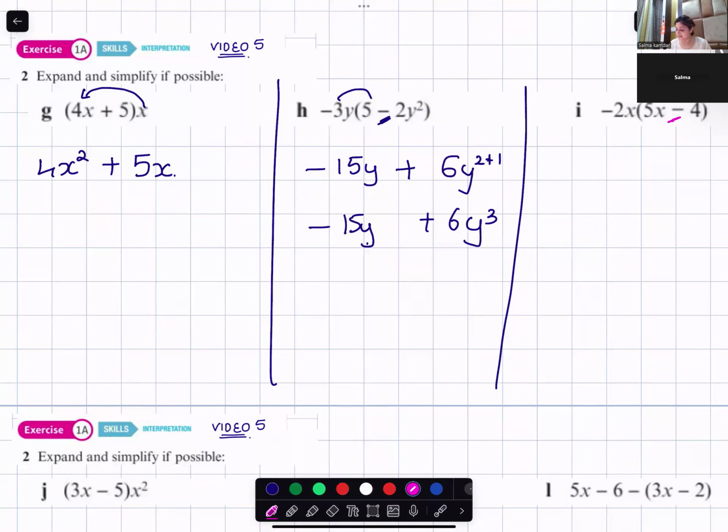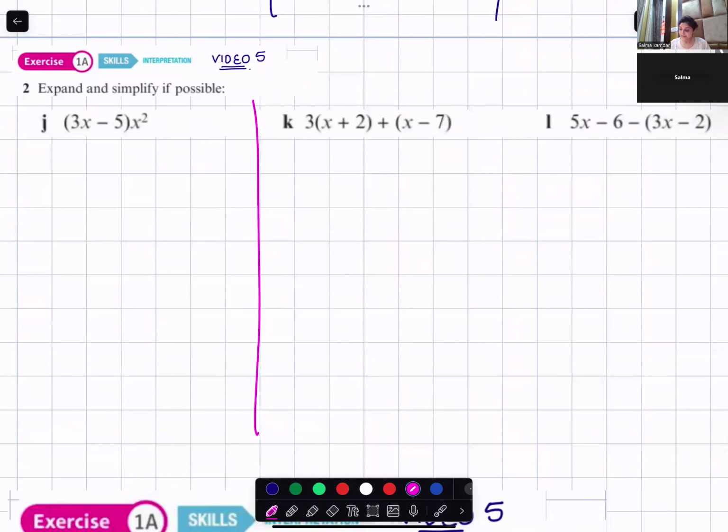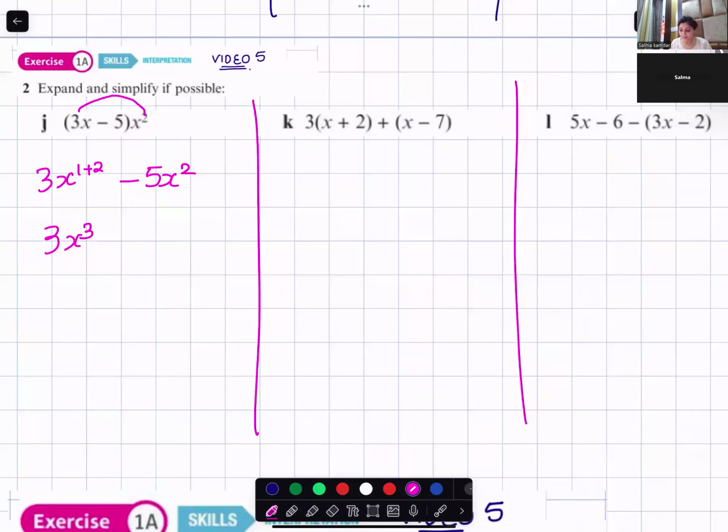Minus is going to change the sign inside, so be careful. Minus 10x square plus 8x. Let's do here. 3x, 1 plus 2, minus 5x square. So 3x cubed minus 5x square.